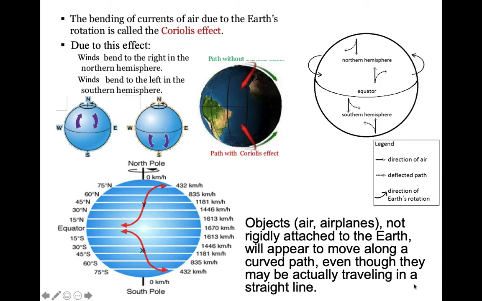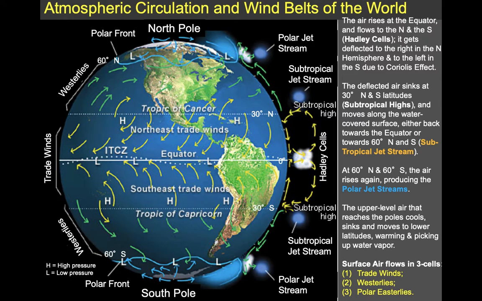Although they may look like they're traveling in a straight line. So these arrows show in the northern hemisphere and the southern hemisphere how those objects may be deflecting and veering off from their straight paths of travel.